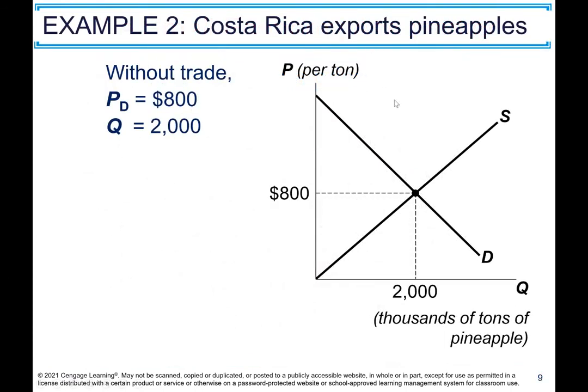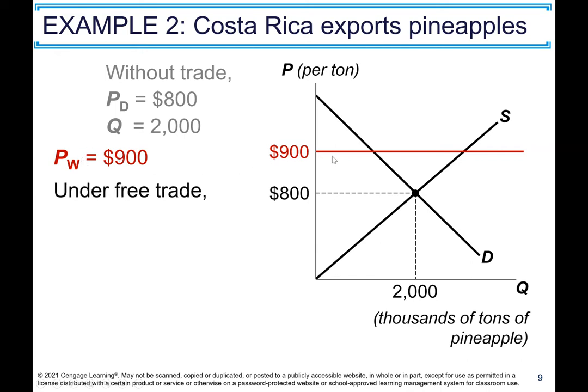Example 2, Costa Rica exports pineapples. Without trade, the domestic price in Costa Rica is $800 and the domestic quantity traded is 2,000. With trade, the world price raises the price to $900.